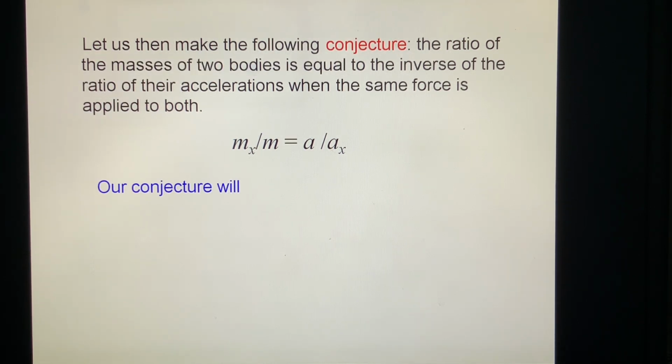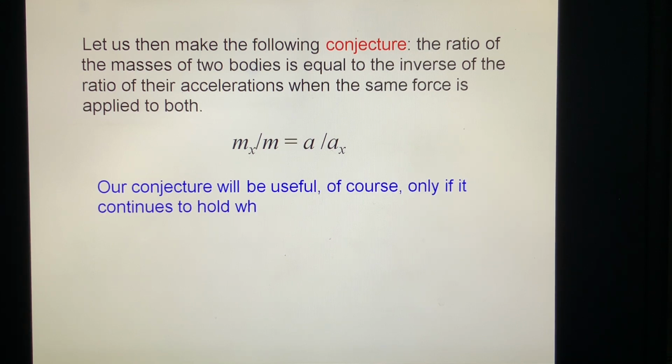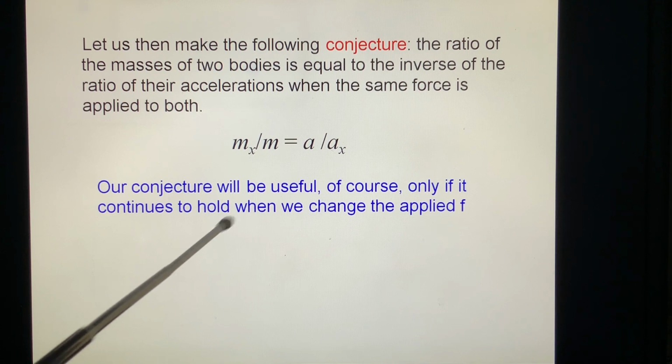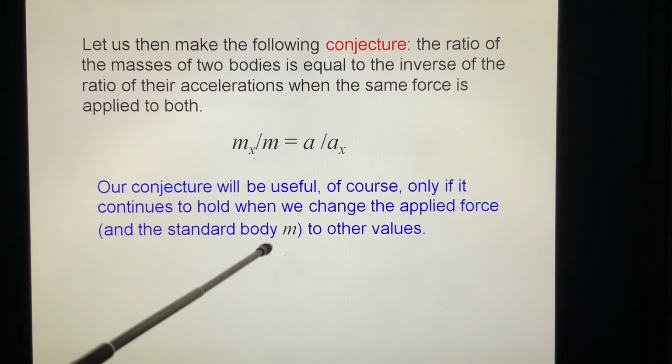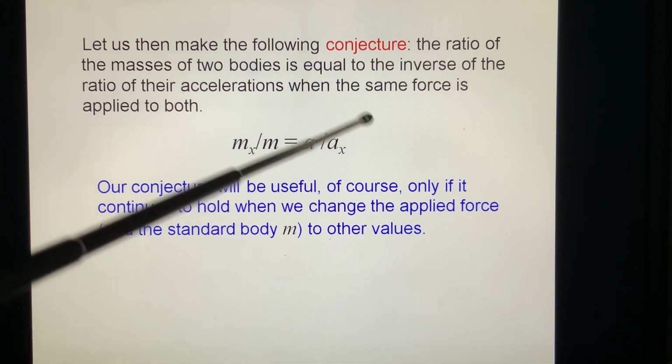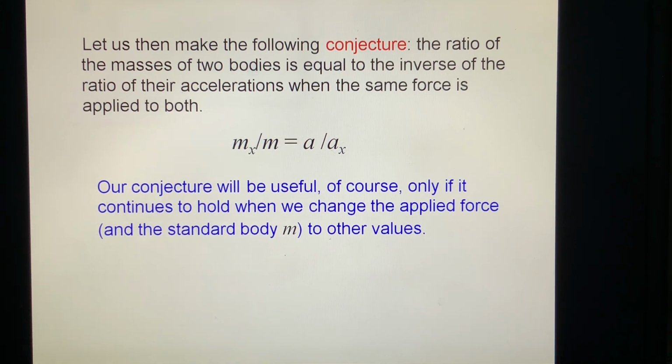Our conjecture will be useful, of course, only if it continues to hold when we change the applied forces and the standard body m to other values. This one ought to be true because in this measurement condition, we have two variables. One is the force.